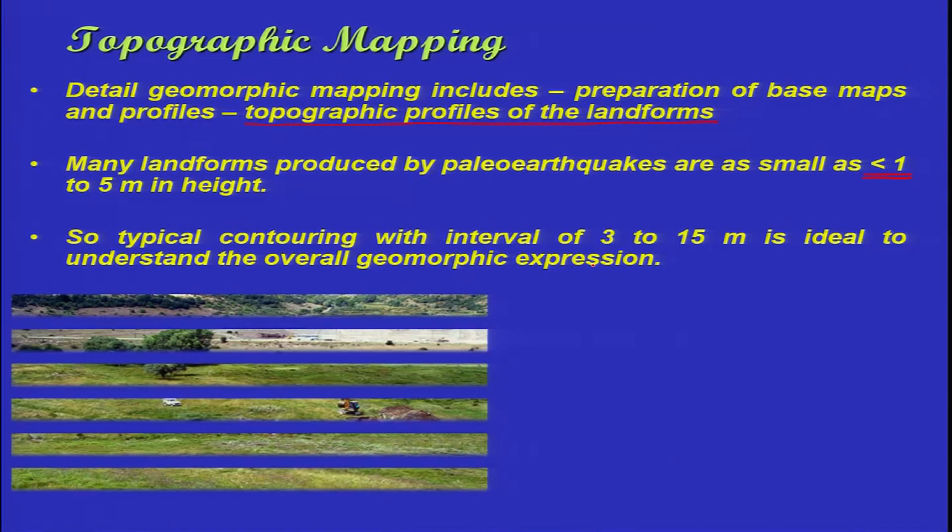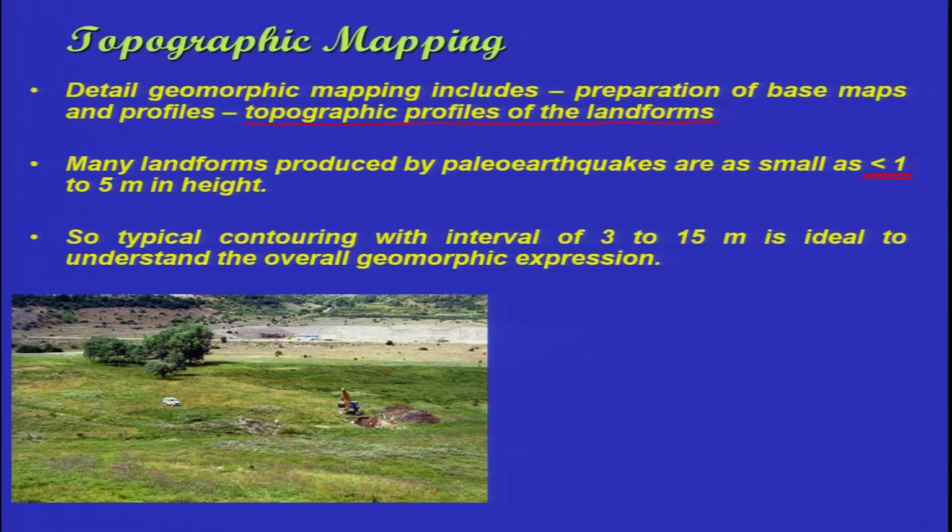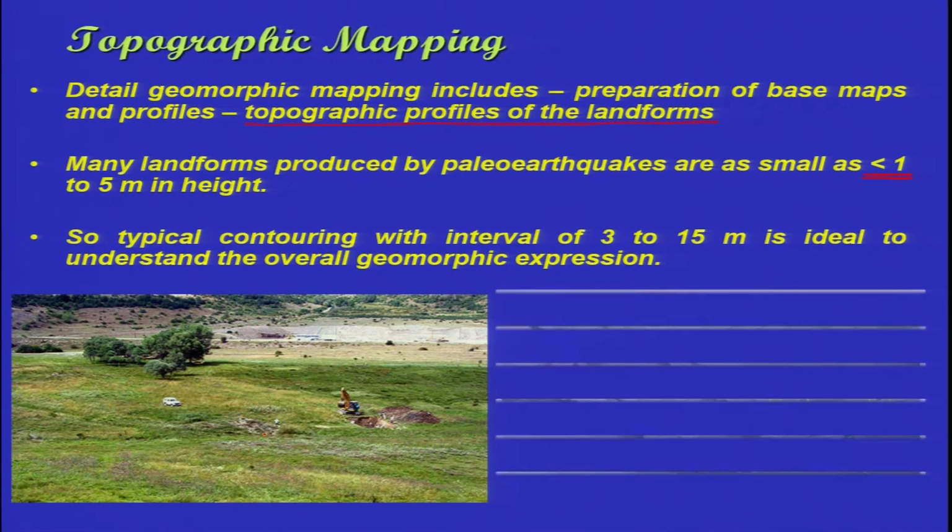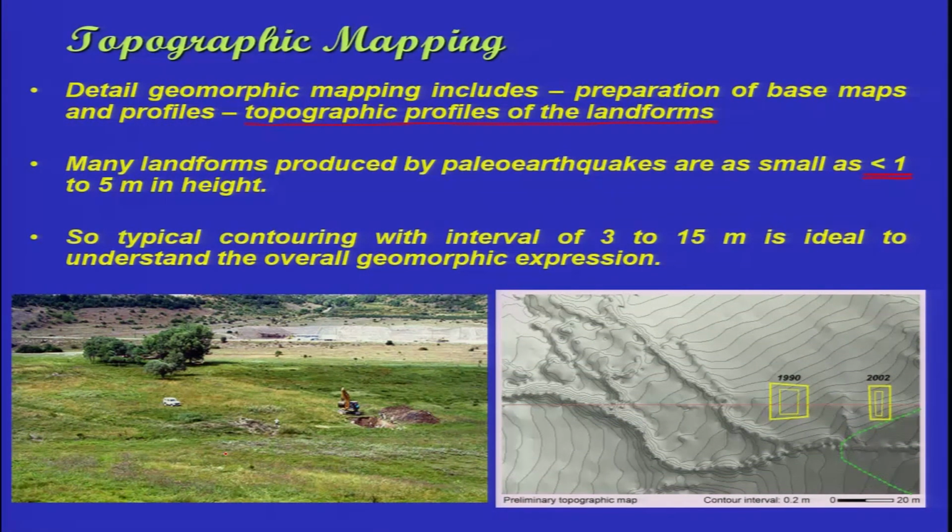In the example given here, you won't be able to identify the deformation very clearly on the satellite data, but in the field the detailed mapping helped in identifying the deformation shown here, and the contour interval was even less than what has been shown here, around 20 centimeters.